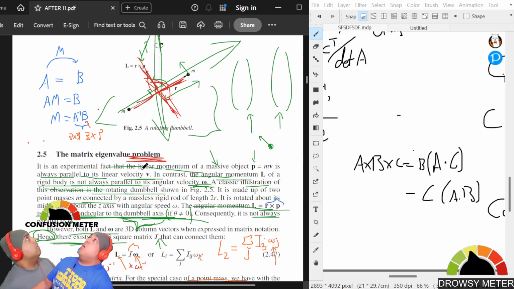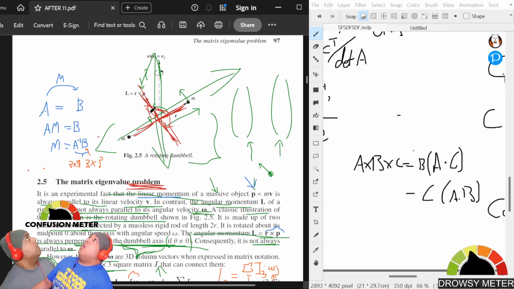The angular momentum is always perpendicular to the dumbbell axis, r cross p. So p is linear momentum, right? R is in this direction. P, I assume, is in the v direction, which is this.